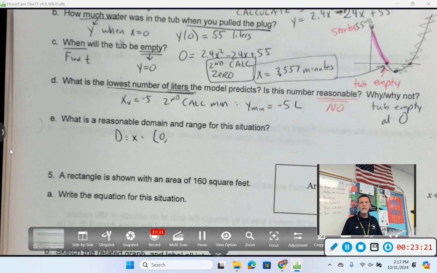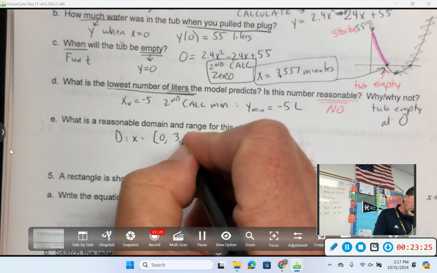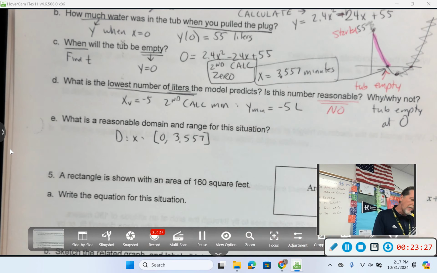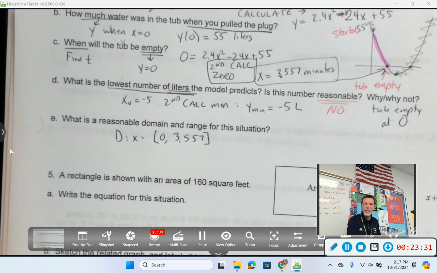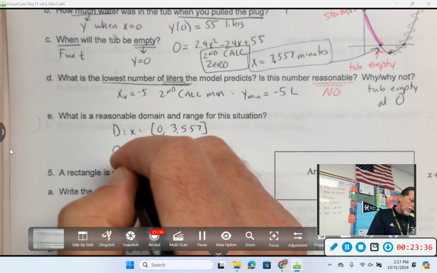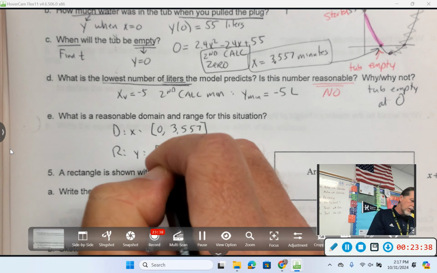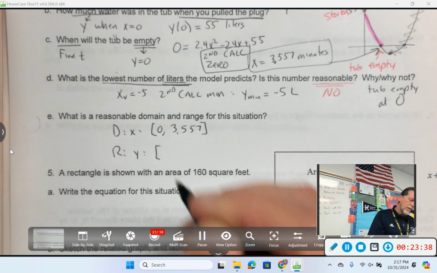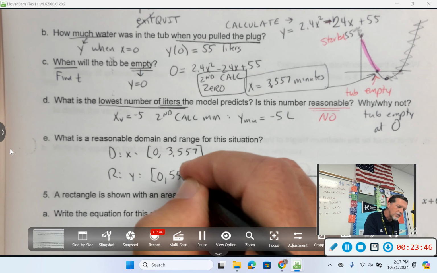And when do we run out of water? 3.557. After that, the model is pretty meaningless because you can't drain negative water. I don't even know what that means. The range is how much water there is. Well, be careful. This is where some people are tempted to go 55 to 0, but you got to do smallest to largest, 0 to 55.